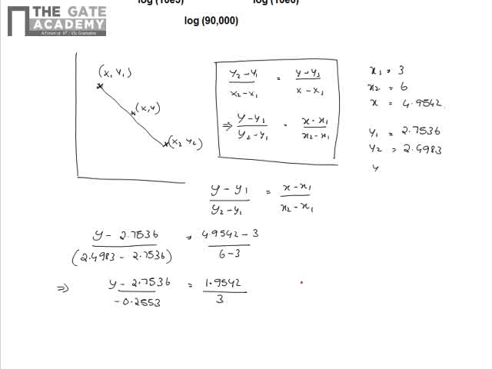So we can write this as y equals 2.7536 plus minus 0.2553 into 1.9542 divided by 3.